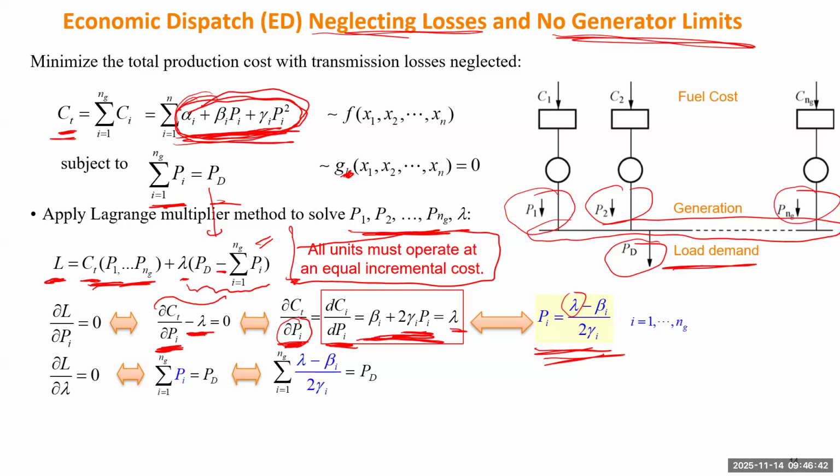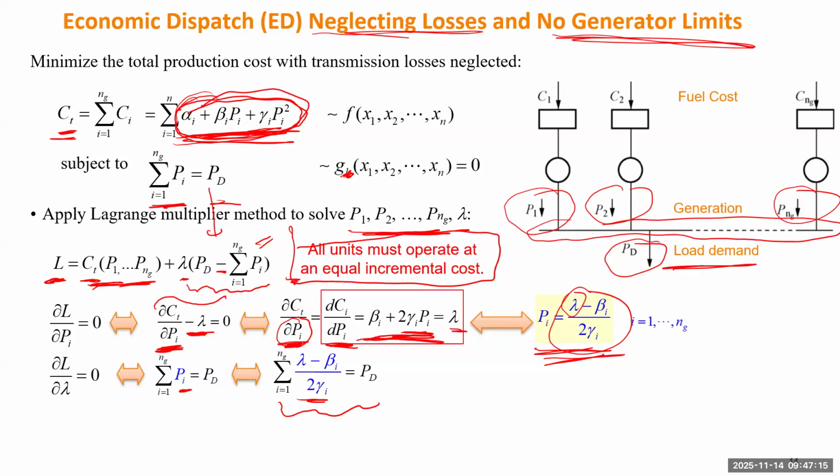We replace Pi by that formula. So then we have one equation. In this equation, we have only one variable to solve, which is lambda. Everything else will be already given values, right? Including PD, which is the total load. Beta and gamma are actually the parameters from the original cost function. So you need to solve this equation for lambda.